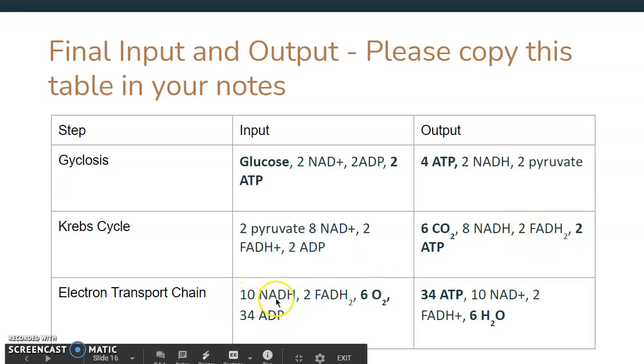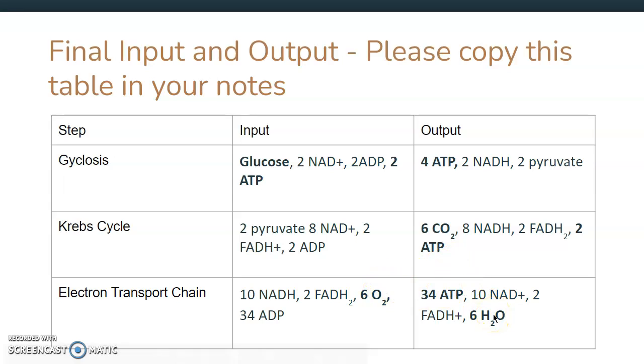In our final step, we'll take all of our NADH and FADH2 that we made, use 6 O2 and 34 ADP to create 34 ATP, 10 NAD+, 2 FAD+, and 6 H2O. So the ones that I have bolded are actually the molecules in our overall reaction, which we outlined at the very beginning.